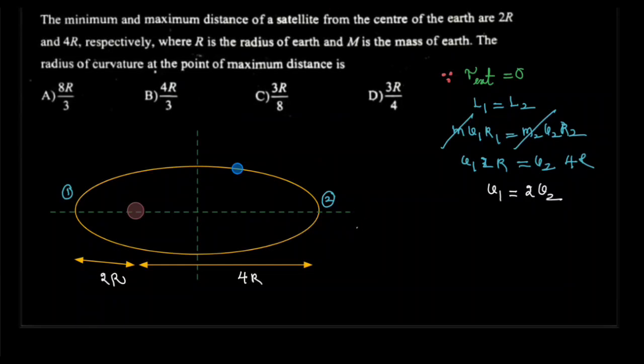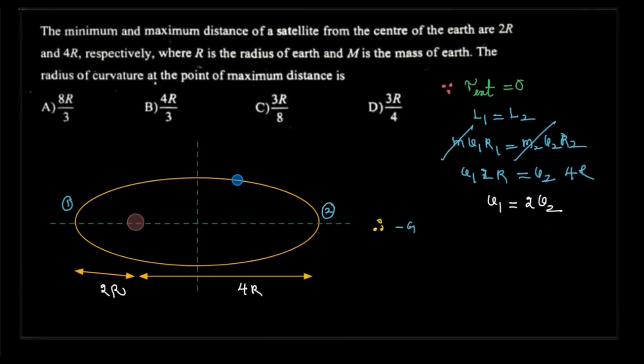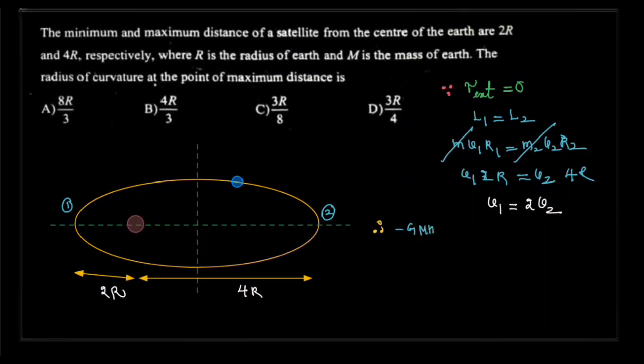So if I use that logic, I can say minus G capital M small m by 2r plus half into m into v1 square will be equal to minus G capital M small m by 4r plus half into m into v2 square.